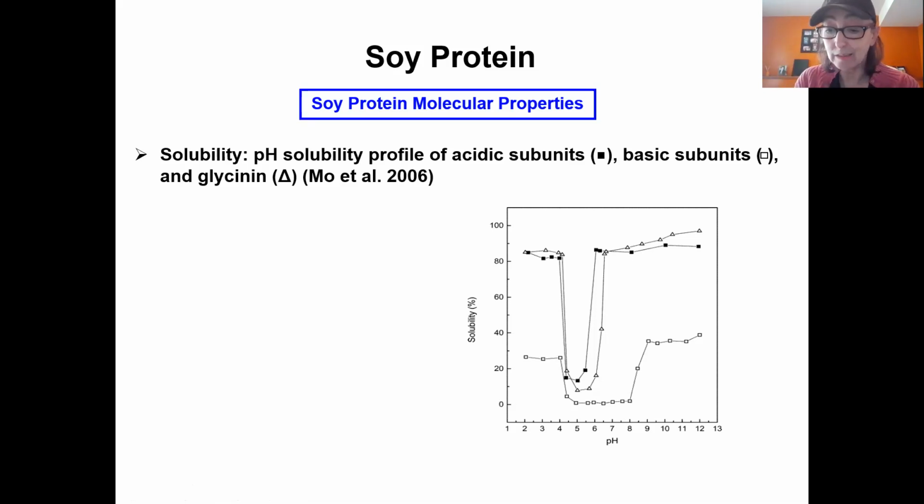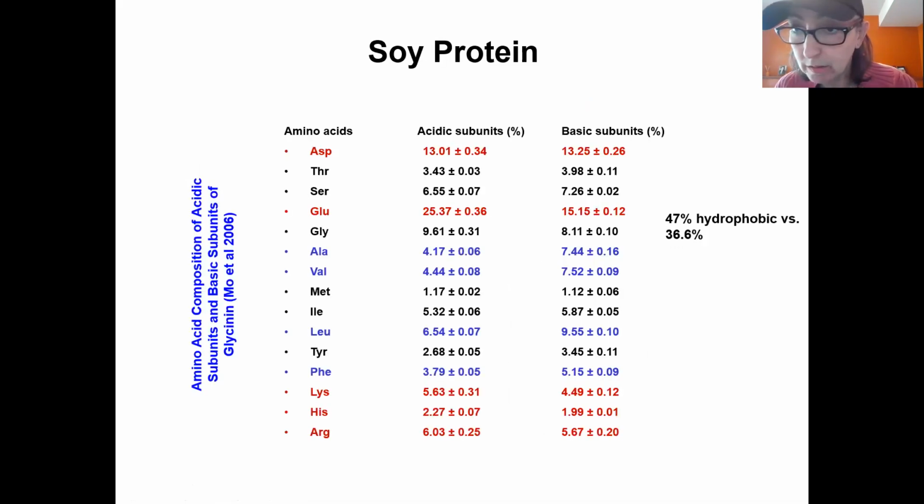Now, why is that? If we look at the molecular level, let's look at the amino acid composition. This is the column for acidic subunits, and this is the column for basic subunits. If we want to compare these four amino acids: alanine, valine, leucine, and phenylalanine.